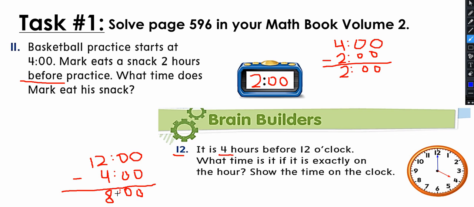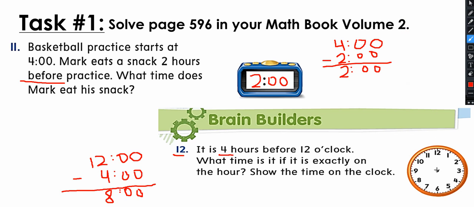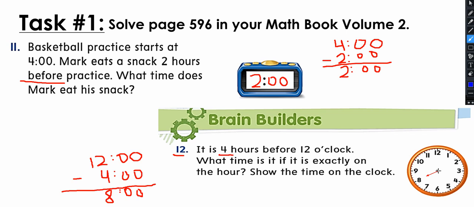We are looking for 8 o'clock. We are looking for 8 o'clock. So the hour hand, sorry about that. The hour hand should be on the, yes, on the 8. And then the minute hand will be on the 12 to show o'clock.